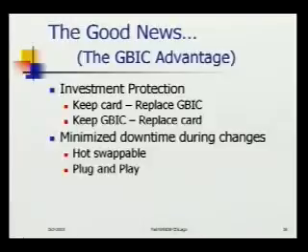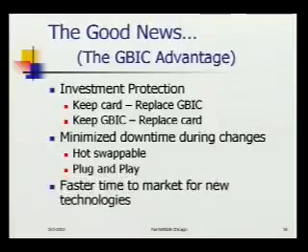Also, there's minimized downtime during changes. They're designed to be hot swappable. You can pull out a GBIC and you don't take down the rest of the customers on the card. Also, there's a faster time to market for new technologies. The engineering involved with doing something as discrete as a GBIC is a lot faster than doing an entire card, so you can bring that to market a lot faster.